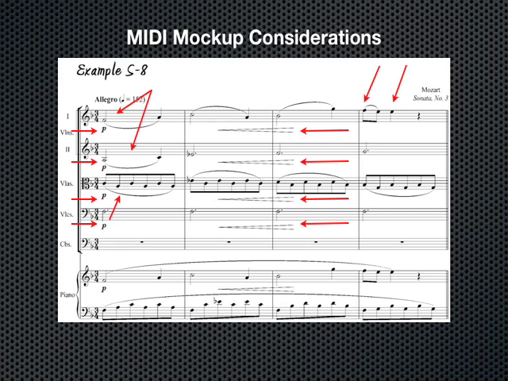Budgets are going the way of you have to do all that work. So to do an effective, professional-sounding MIDI mockup, you've got to spend a reasonable amount of time listening and going to live concerts. That's where you really learn, by going to the live concerts, and then going back and practicing.